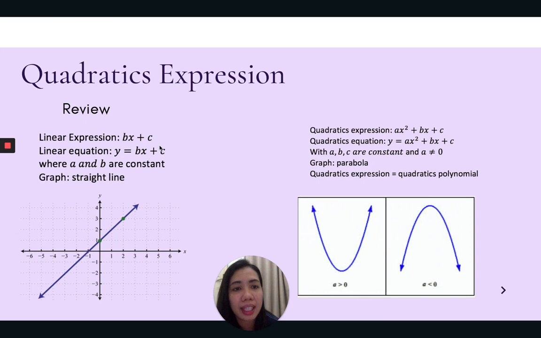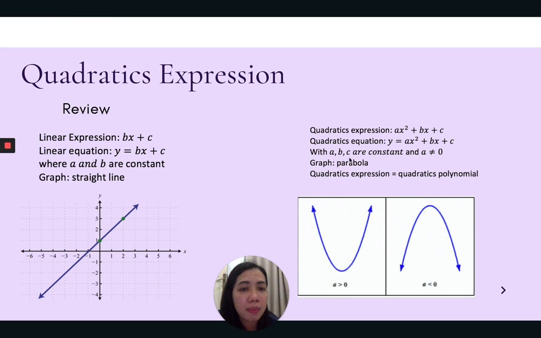So you add ax squared in front of the linear expression, and you change the linear expression into a quadratic expression. This is the standard form, and we can also call a quadratic expression a quadratic polynomial. You can use either quadratic polynomial or quadratic expression. They point to the same thing, which is ax squared plus bx plus c.